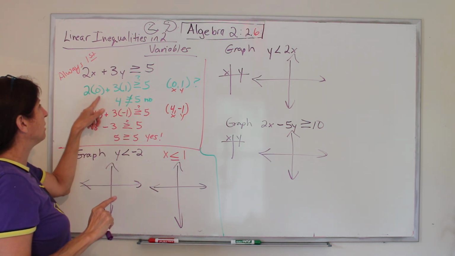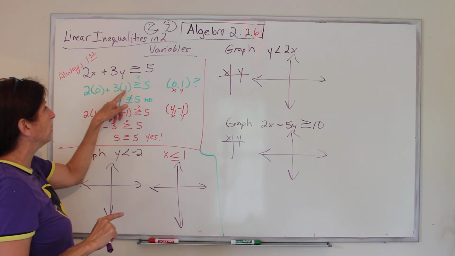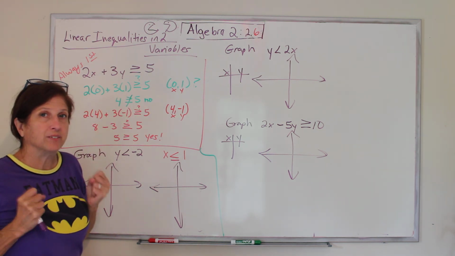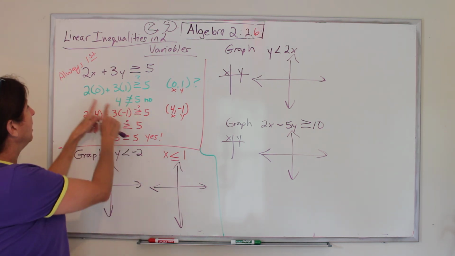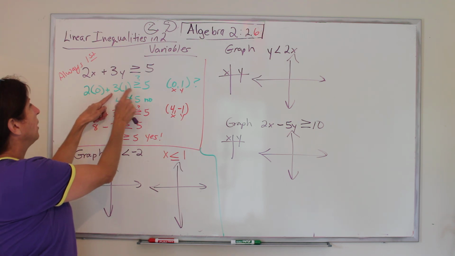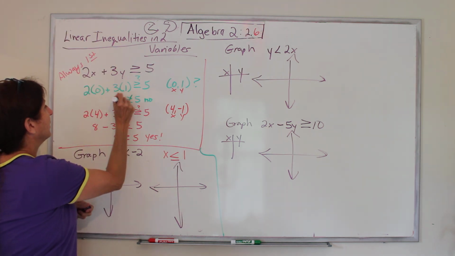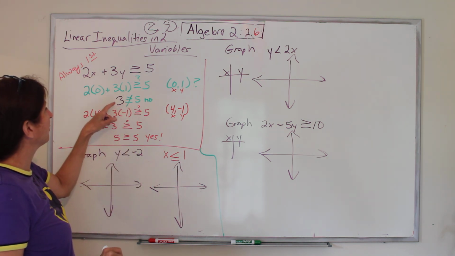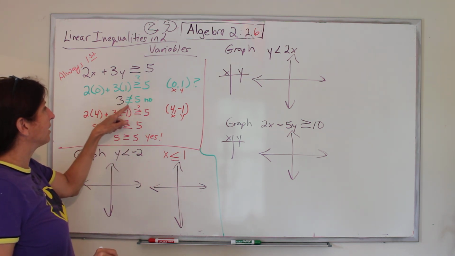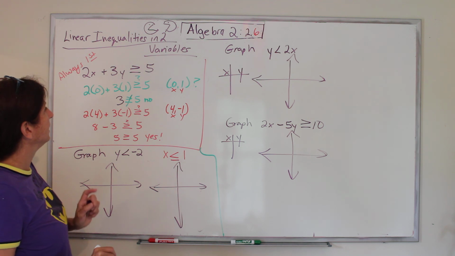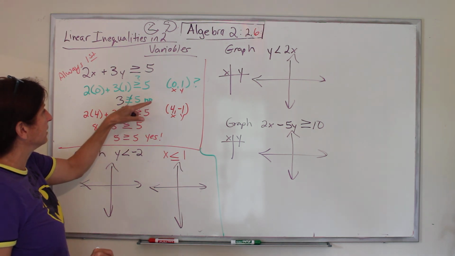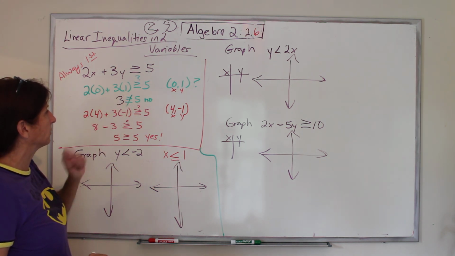Is 2 times 0 plus 3 times 1 greater than or equal to 5? Oh, the suspense. Well, 2 times 0 is 0. 3 times 1 is 3. And 3 is not more than 5. So the answer is no, it is not greater than or equal to 5.